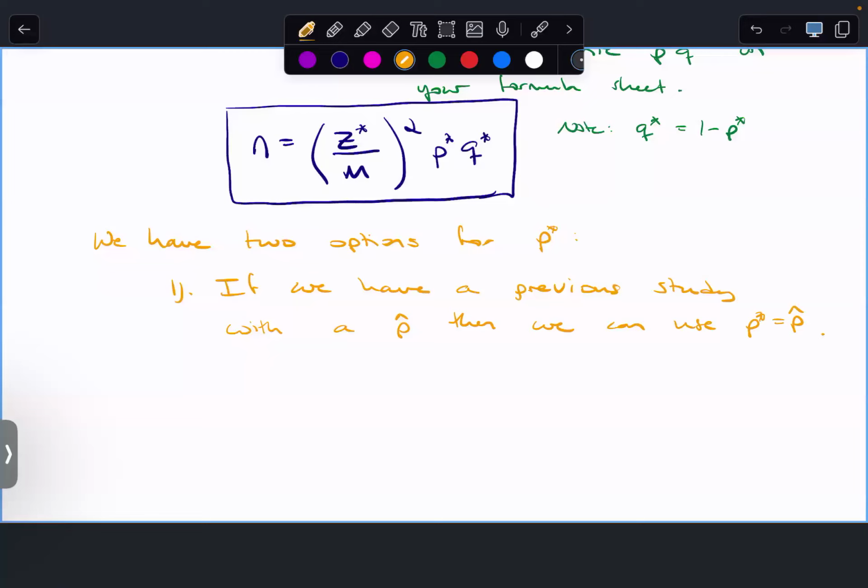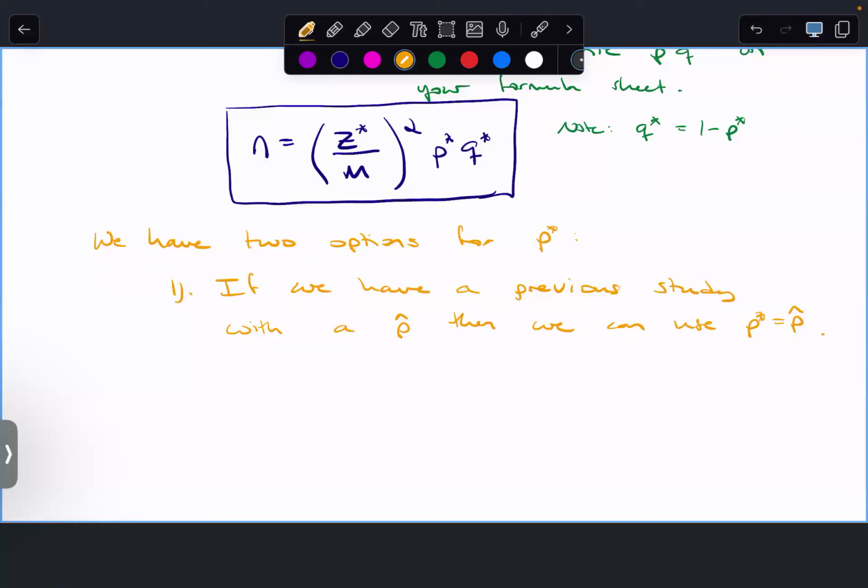Okay. Now, the safest thing to do, but also it's going to give you a larger sample size than you probably need, but it's the more conservative approach, is to just assume a 50-50 split, successes, failures.